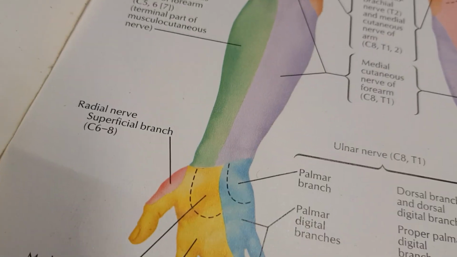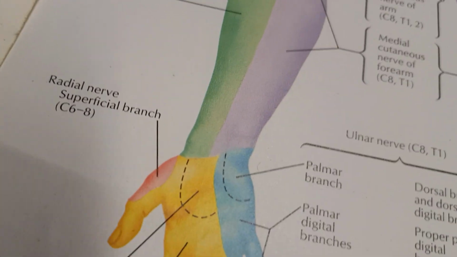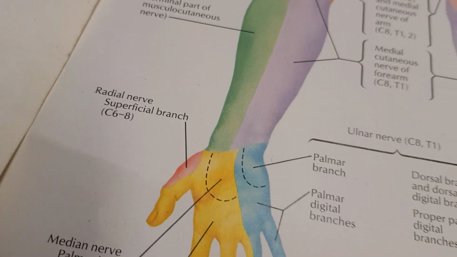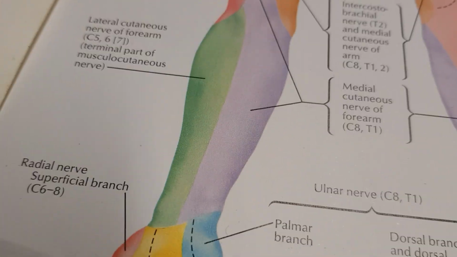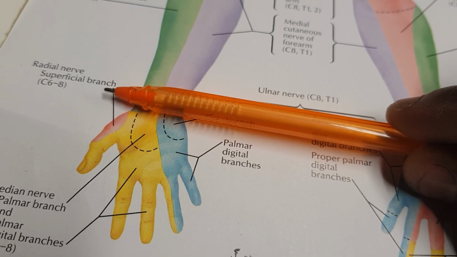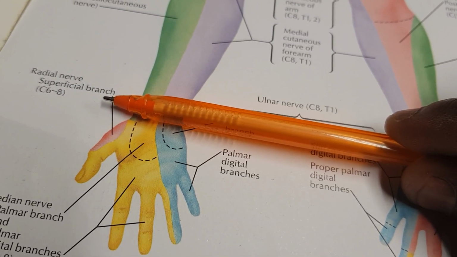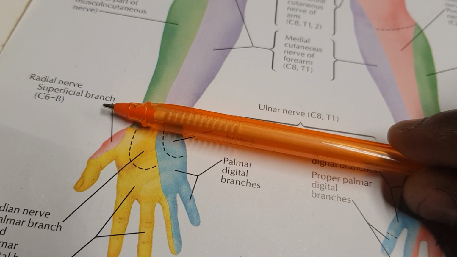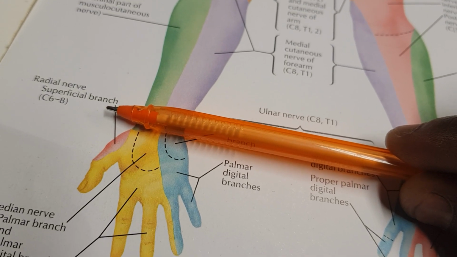If you look at the hand like this, only 3 peripheral nerves you can test there: the ulnar nerve, the median nerve, and the radial nerve.